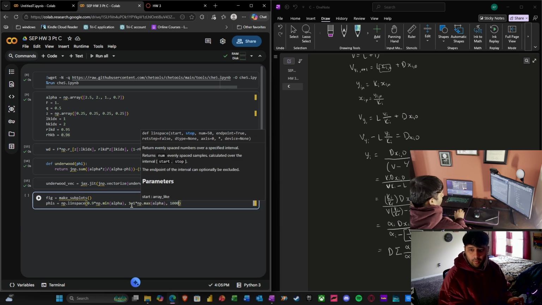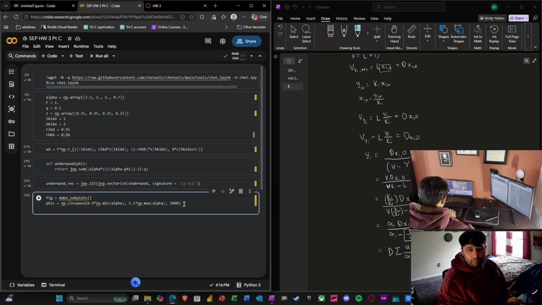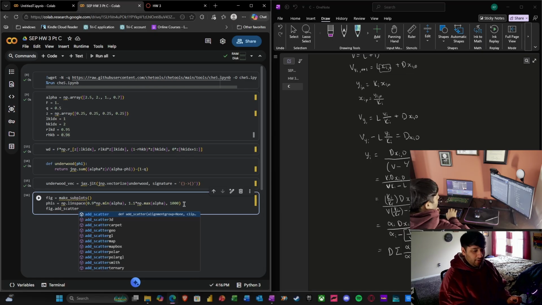We got 1,000 points. And then fig dot add underscore scatter.